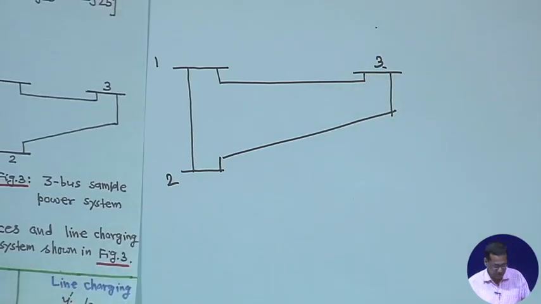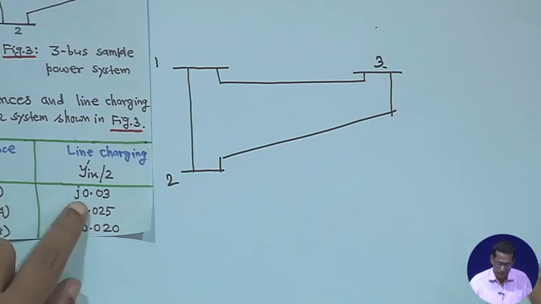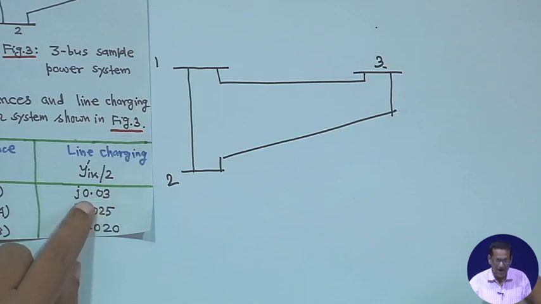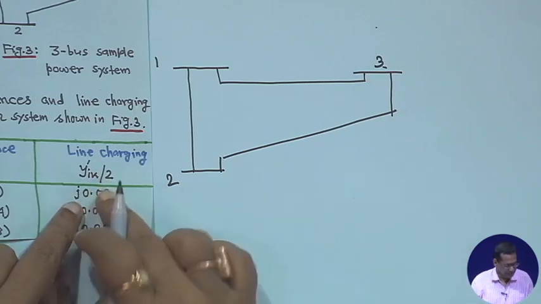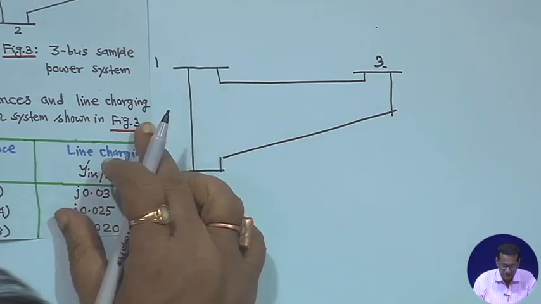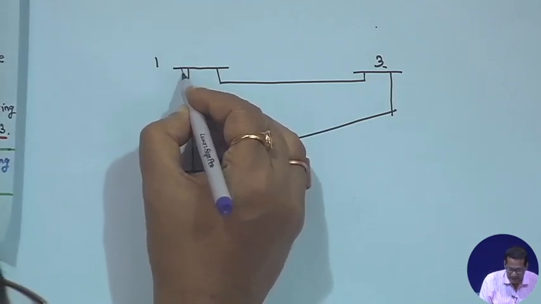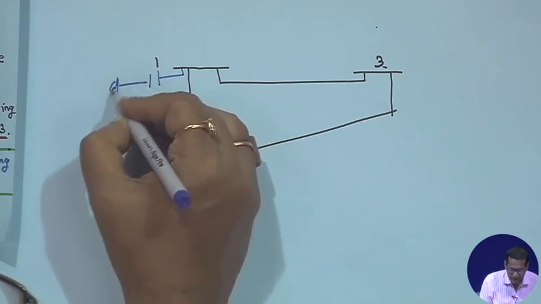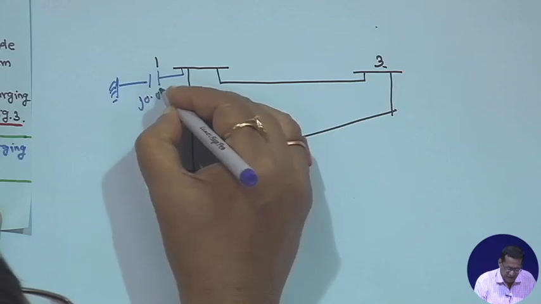Now, for this case it is given for line 1 to 2 that y dash i k by 2, that half, is already given. That means for 1 to 2, this side I make it like this, this is j 0.03.